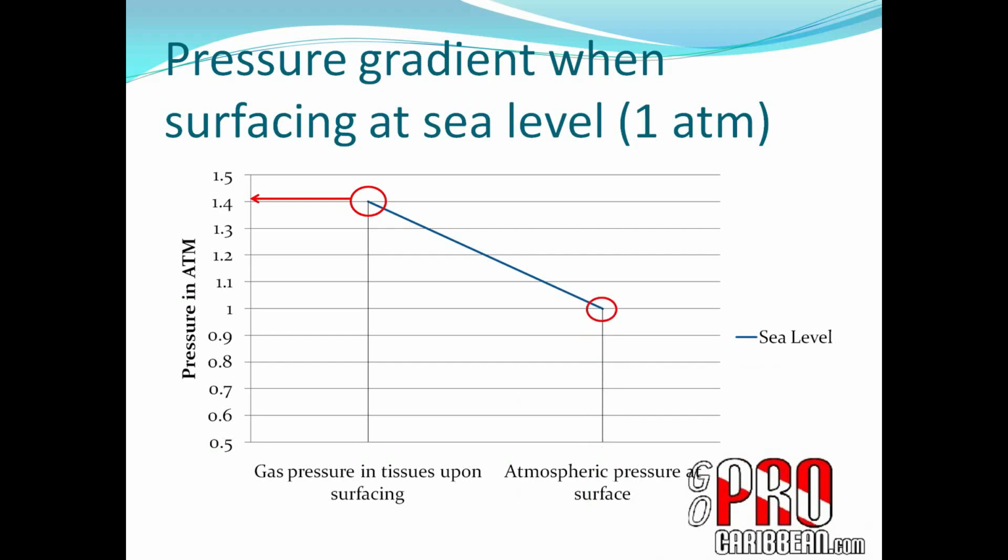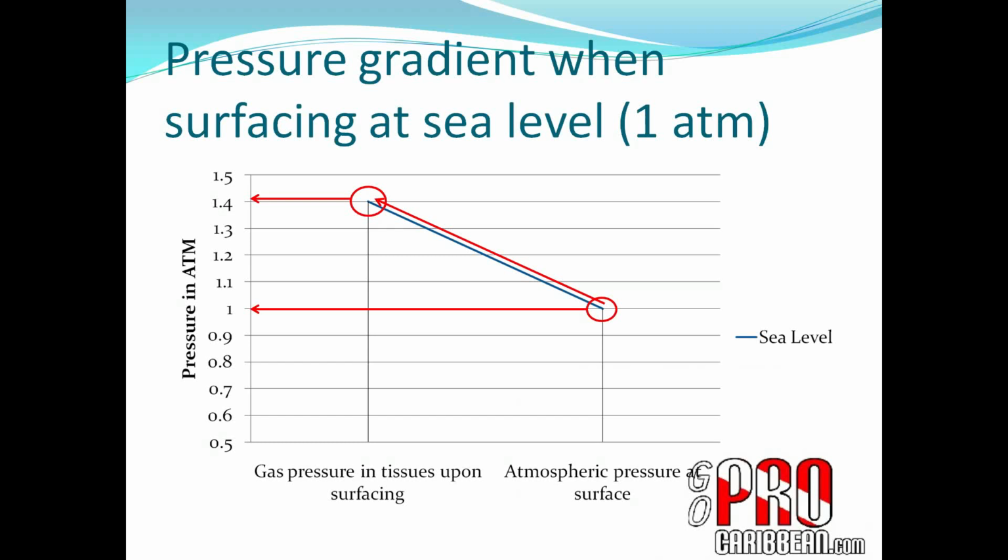If we're diving at sea level, the atmospheric pressure surrounding us is 1 atmosphere. So the pressure gradient would be this incline or slope that you see here. The pressure gradient, the difference in pressure between the gas pressure in our body and the gas pressure surrounding us.